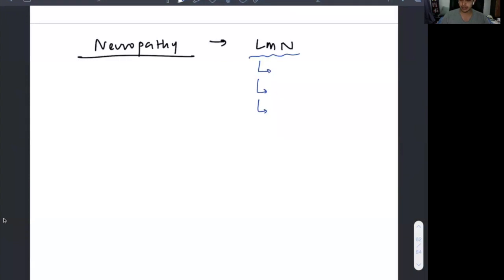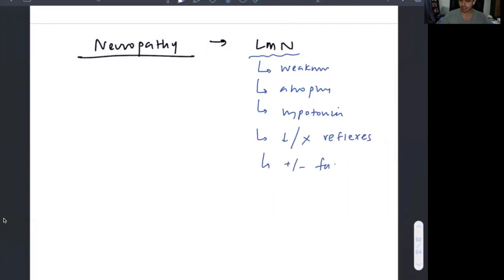You know that the patient can come with weakness, the patient will come with atrophy, hypotonia, decreased or absent reflexes, and the patient may come with fasciculation.